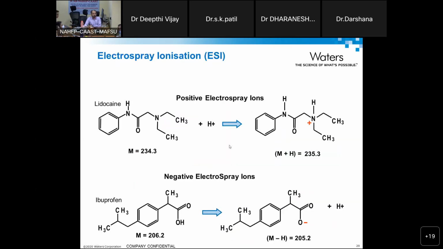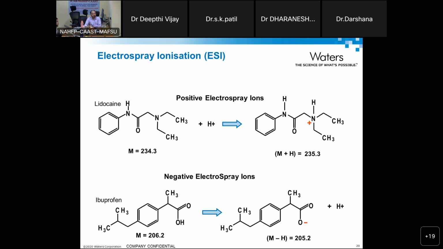As I've told you, it can be operated in two modes, positive mode and negative mode. In positive electrospray ionization, let's look at this example. Since this has nitrogen in the structure, it can be analyzed in positive ionization mode. The ionization has happened on this particular nitrogen here, and the M plus H value for this compound is 235.3.